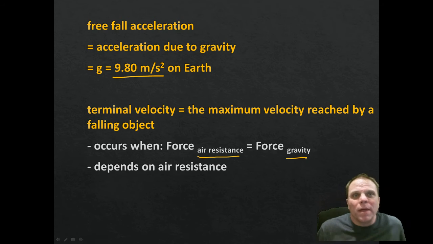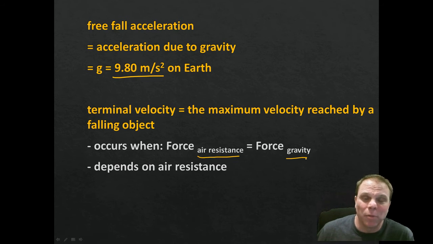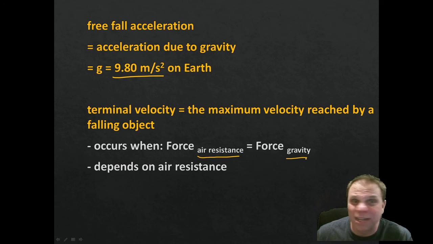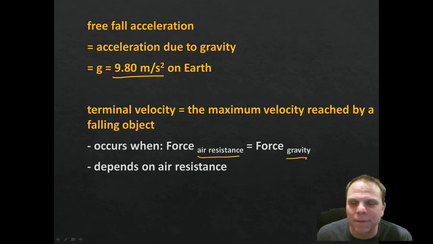And so when they come up with the ways to land on Mars, they have to think about new and innovative ways to land that aren't just parachutes, because the parachutes aren't good enough to prevent damage to the structures because you just don't have enough air resistance. And so your terminal velocity is a lot higher on Mars than it would be here on Earth if everything else were about the same.